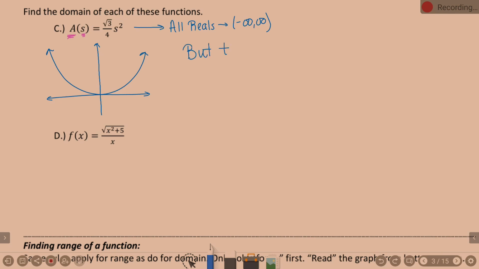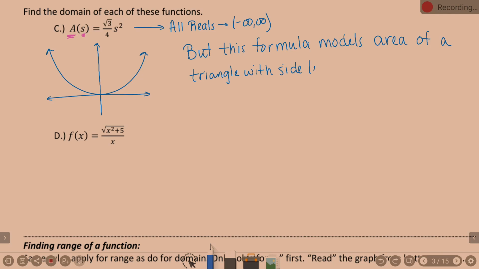But this formula models the area of a triangle with side length s.